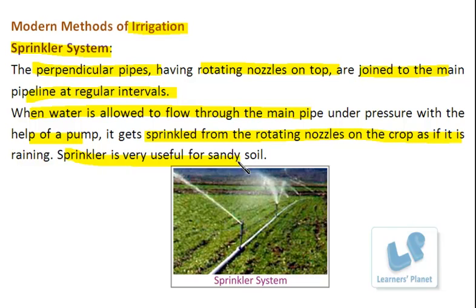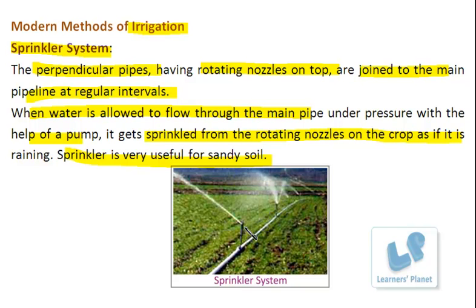Such type of system is very useful for the sandy soil. You can see this in this picture actually. See, this is one of the pipes here, and in the perpendicular form, these small pipes are also present right over it, and at the top position there are some rotating nozzles. Fine.